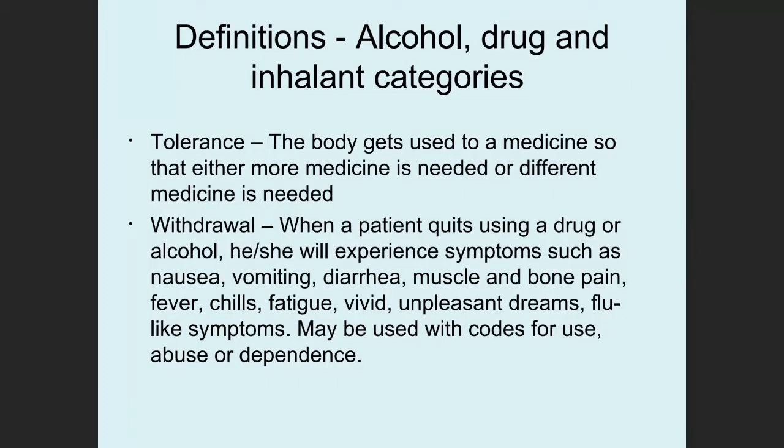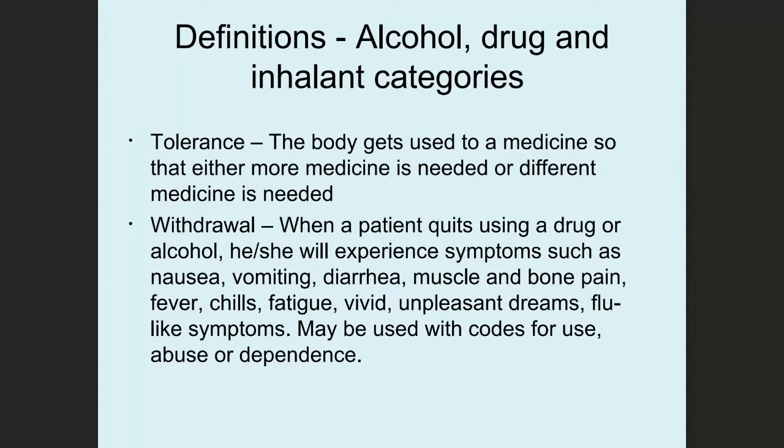These categories also include digits for tolerance and withdrawal. So let's talk about what those mean. Tolerance is over time, the body gets used to a medicine or a substance so that either more is needed in order to get the high that they're looking for, or they need to change to a different, probably stronger medicine. So their body is tolerant. The same amount of the drug will not get the same high.